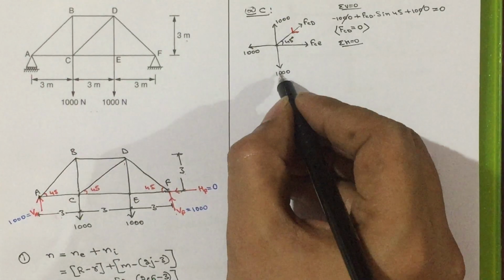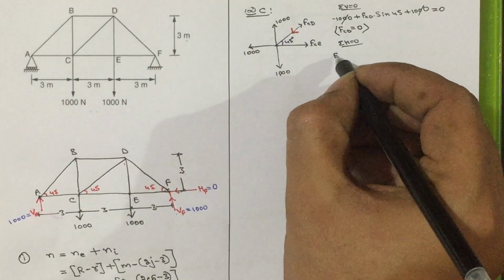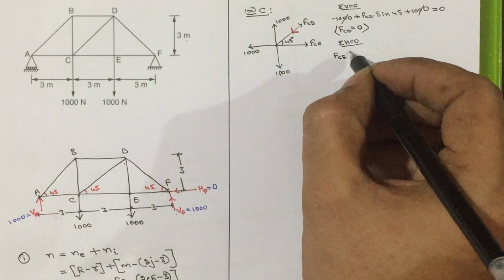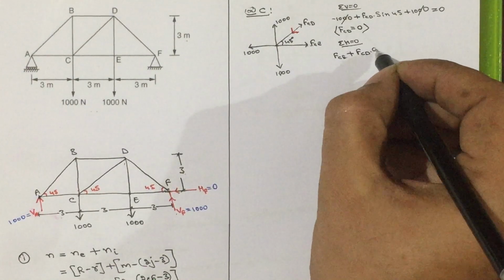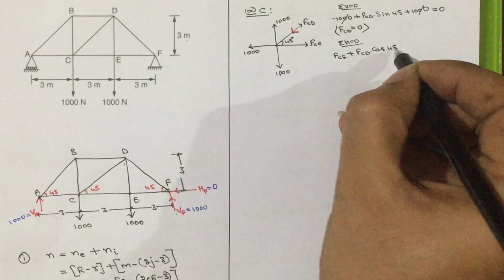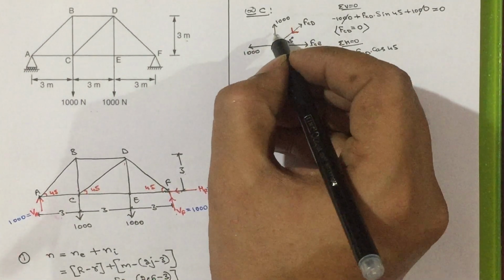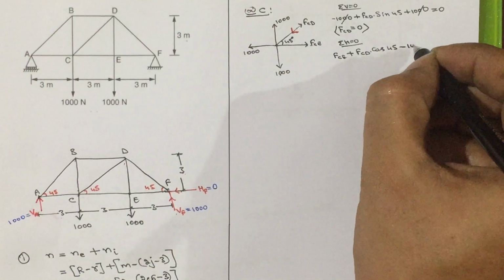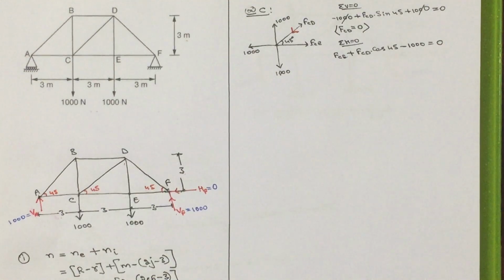This is vertical, leave it, it is horizontal rightward, so plus FCE. Then horizontal component rightwards, so plus component is FCD into cos of 45 degree. Then vertical component leave it, then it is horizontal, that is minus 1000, that should be equal to 0.